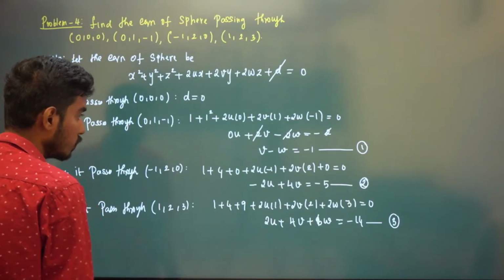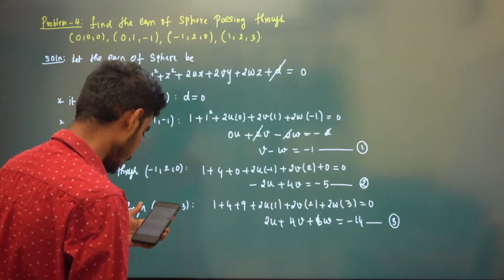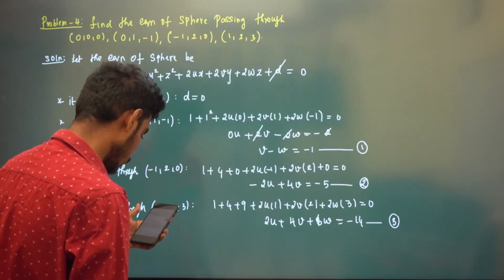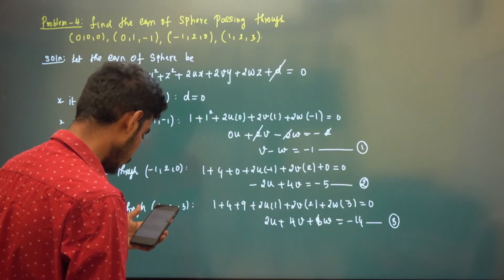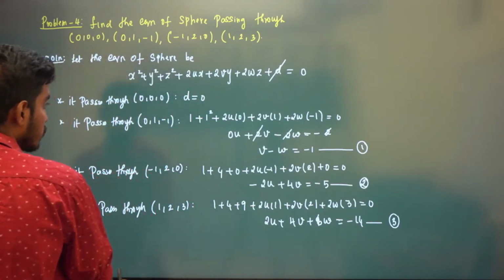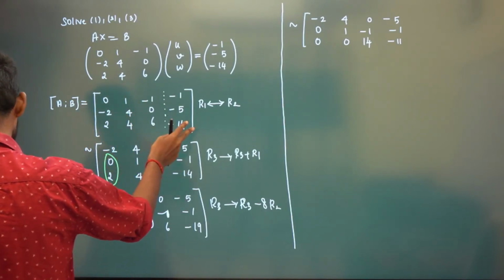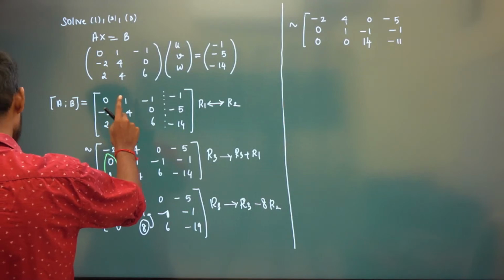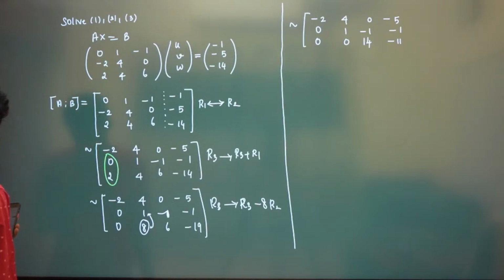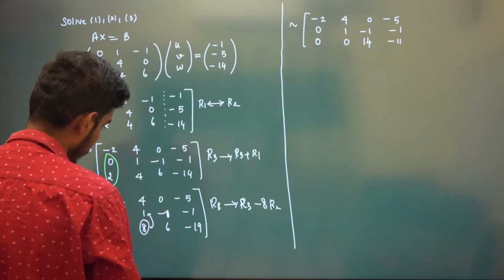So V minus W is equal to minus 1, minus 2U plus 4V is minus 5. Everything is correct, right? So minus 19.